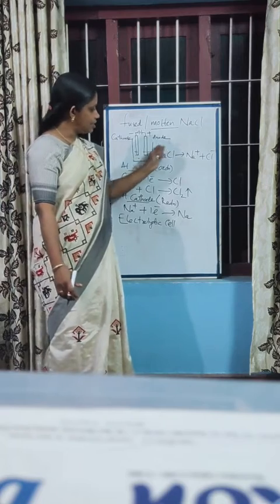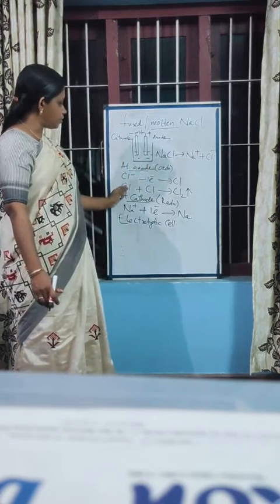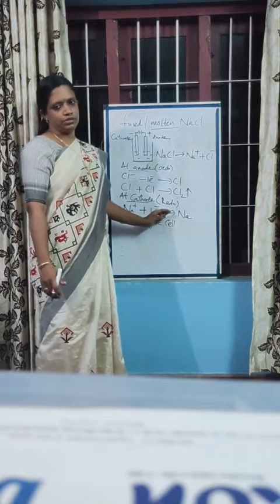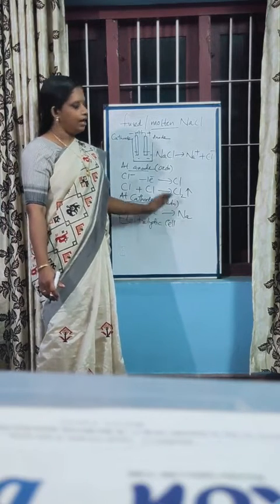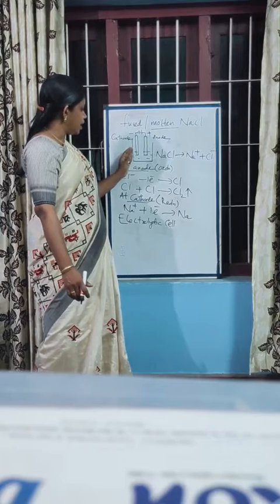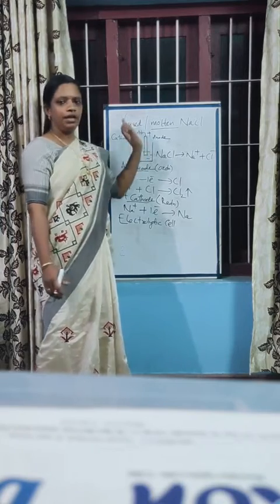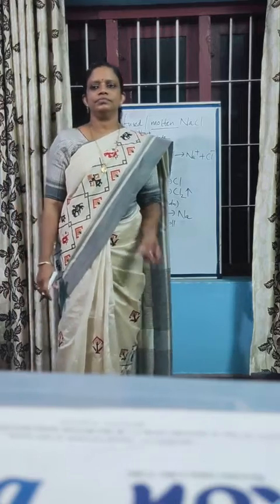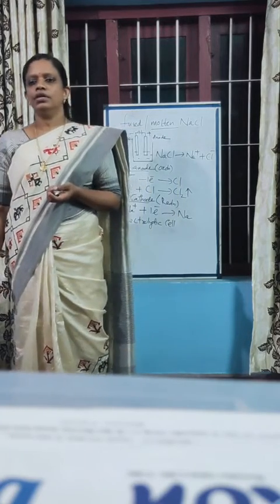These ions move towards opposite electrodes and oxidation and reduction take place. At the end of the reaction, sodium is deposited at the cathode and chlorine gas is evolved from the anode. This is the overall reaction. Hope you all understand it well.